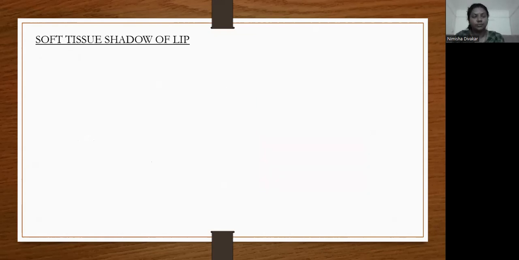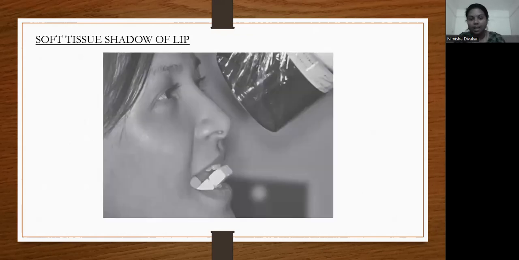Next one is the soft tissue shadow of the lip. As we discussed in the case of the soft tissue shadow of the nose, when the projection is from superiorly, in order to get a maxillary anterior radiograph, the central ray should pass through the midline high on the lip. So it is common for the soft tissue shadow of the lip to also appear in the maxillary anterior radiograph. Same projection.